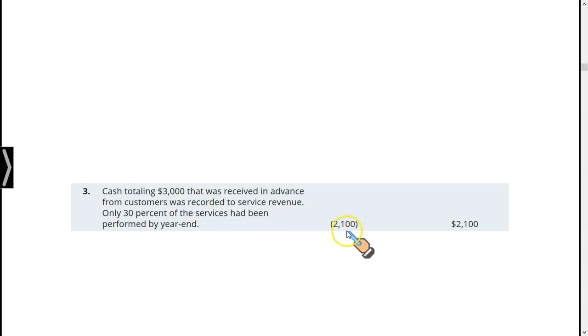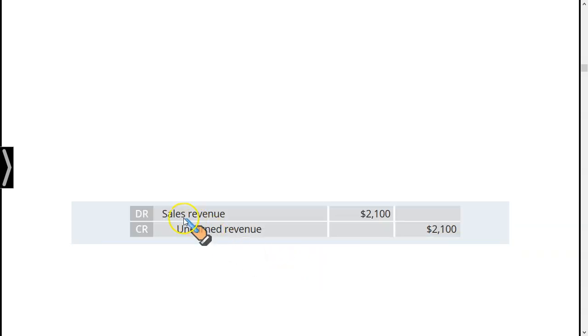This $2,100 should move from sales revenue to unearned revenue. Remember, this is a reduction in income and this would be reported as a liability, because this is the amount received but not yet earned. We do this by making the journal entry sales revenue debit, unearned revenue 2,100. This would show up as a current liability, and this would be the amount moved from sales revenue.